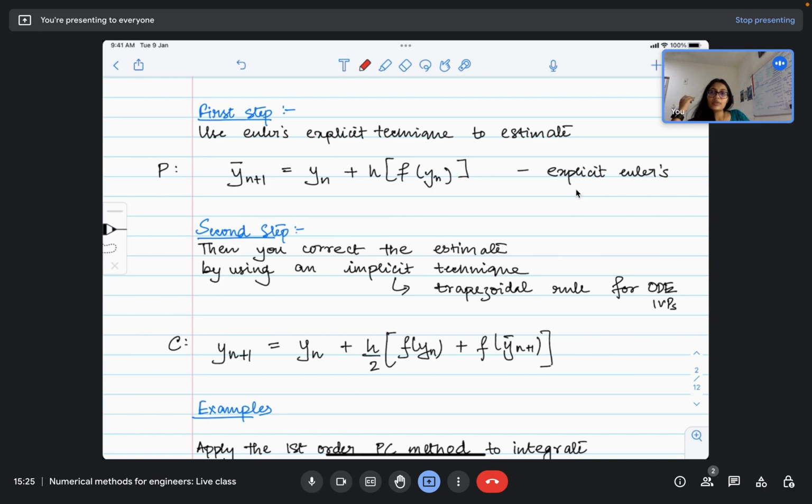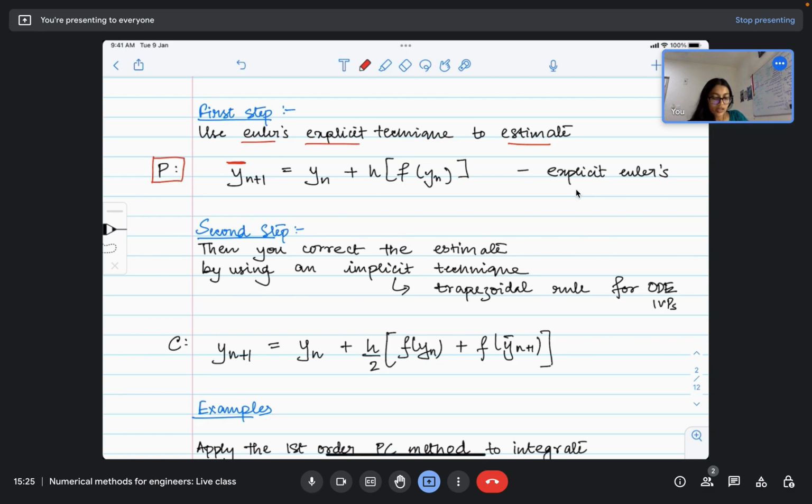So the first step in predictor corrector technique is that we use Euler's explicit technique to estimate the value of yn plus 1. Okay, and in this step what we actually do is we predict yn plus 1, and we do not assign this as the ultimate yn plus 1, but we call it yn plus 1 bar.